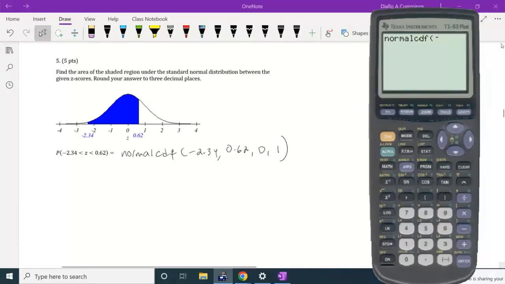Because that subtraction key, even though it looks like a minus, is going to give you an error if you try to use that within this normal CDF. So it's negative 2.34, comma 0.62. And we round to 3 decimal places, 0.723.